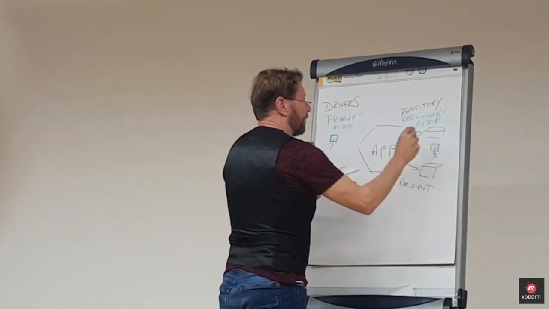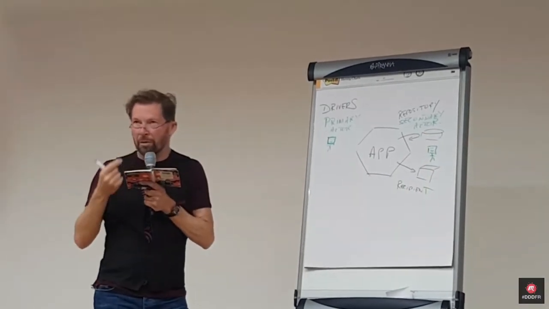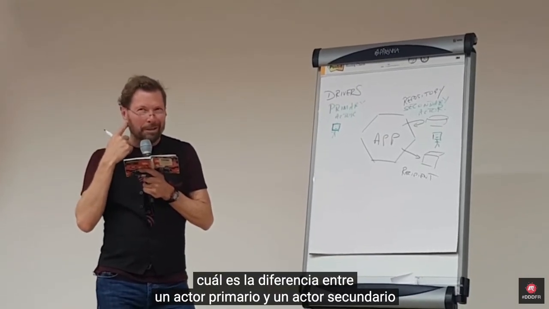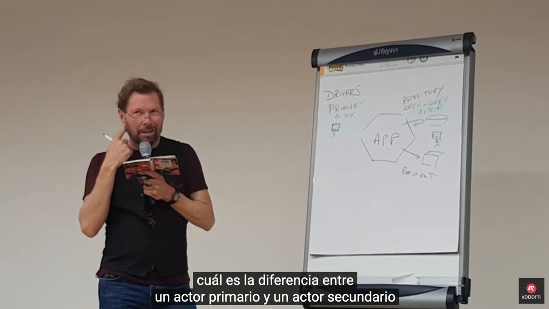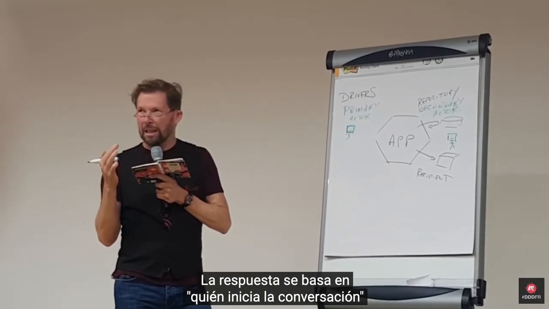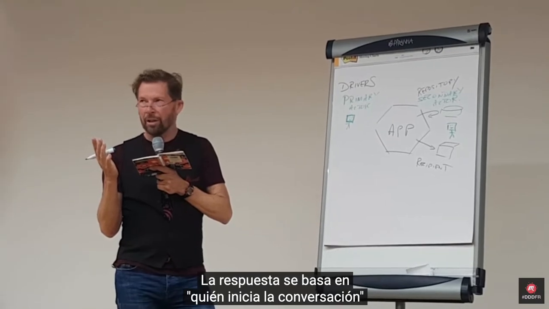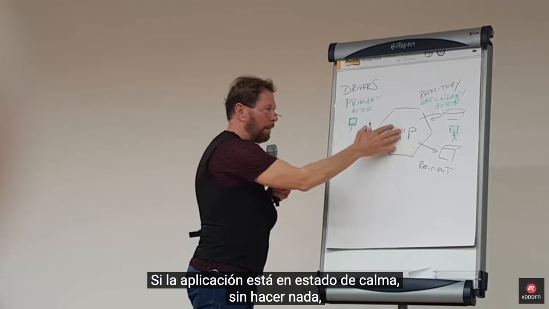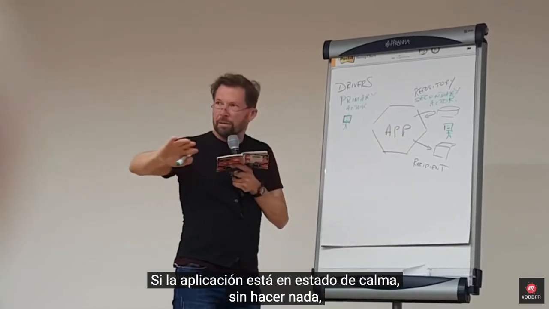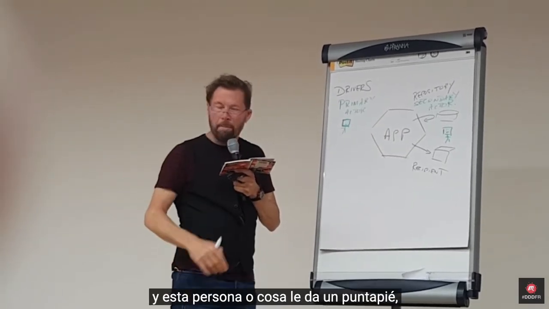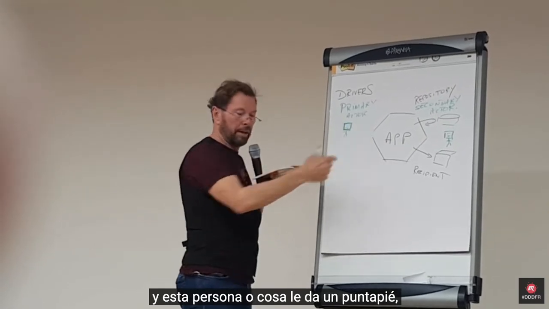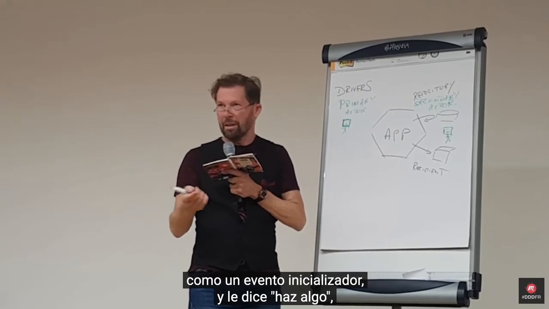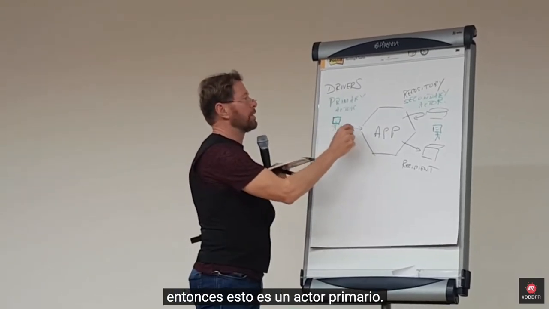Now, I've taught use cases, as some of you know, for a bunch of years. And people kept asking, what's the difference between a primary actor and a secondary actor? And it turns out the answer is only who initiates the conversation. If the app is in some quiescent state, minding itself, doing nothing, and this person or thing kicks it with a triggering event and says, do something, then that's a primary actor.